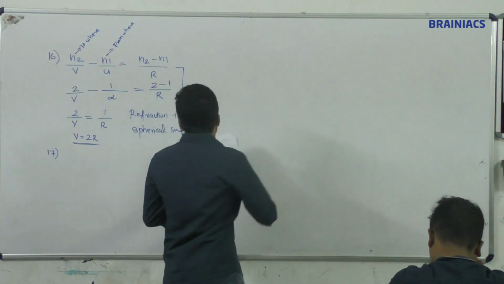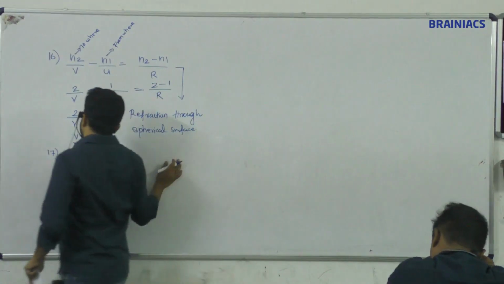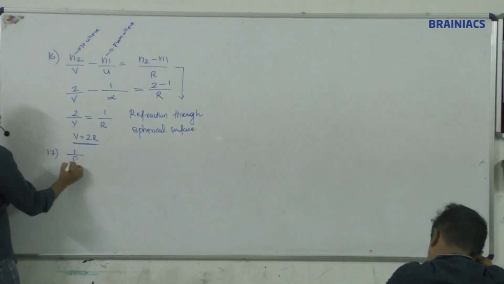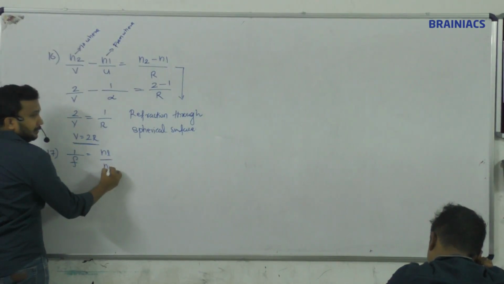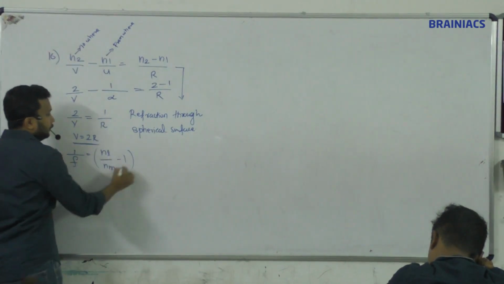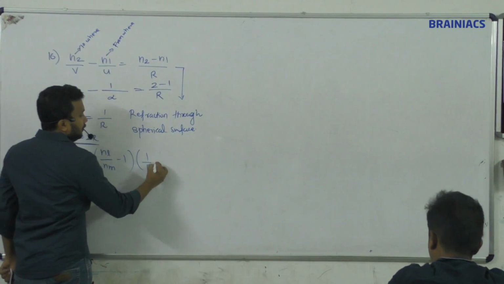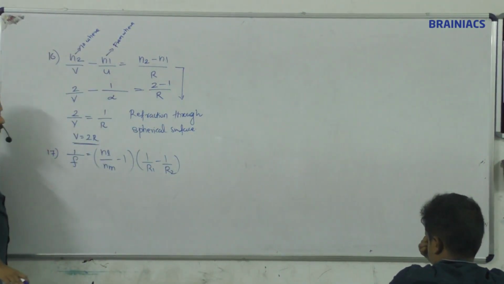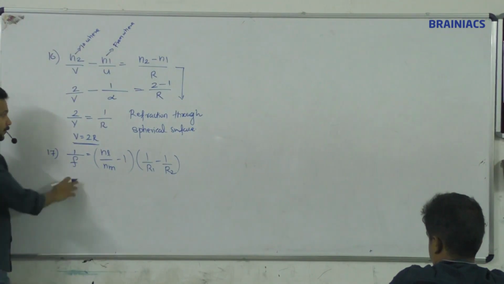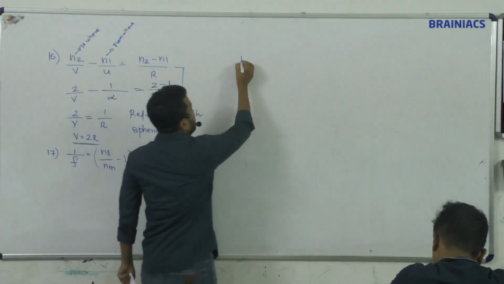Okay. So how to find out the focal length of the lens? 1 by F equal to NL divided by NM minus 1 into 1 by R1 minus 1 by R2. They have not mentioned what type of lens this is, so I don't know R1 and R2. So I'll create 2 sets of equations.